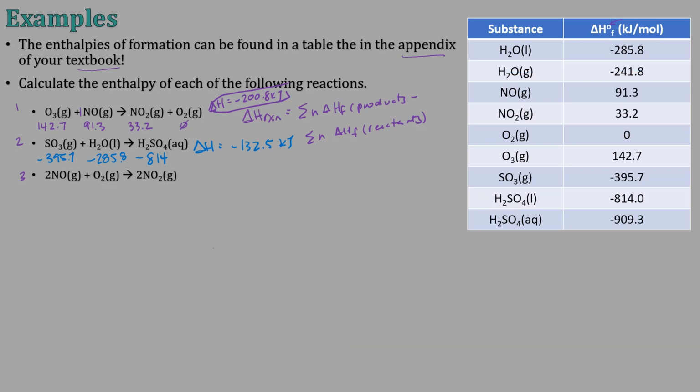Okay, so 2 NO2s, so it's 33.2 kilojoules per mole. Oxygen is 0, and nitrogen monoxide is 91.3.